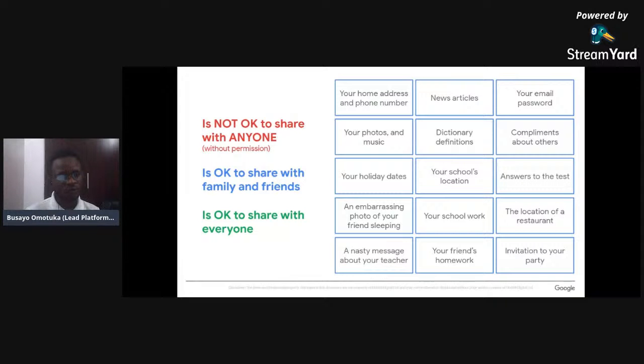All of these things we have in the table are good examples of what we can share with everyone and what we cannot. So I'm going to take one example out of this.